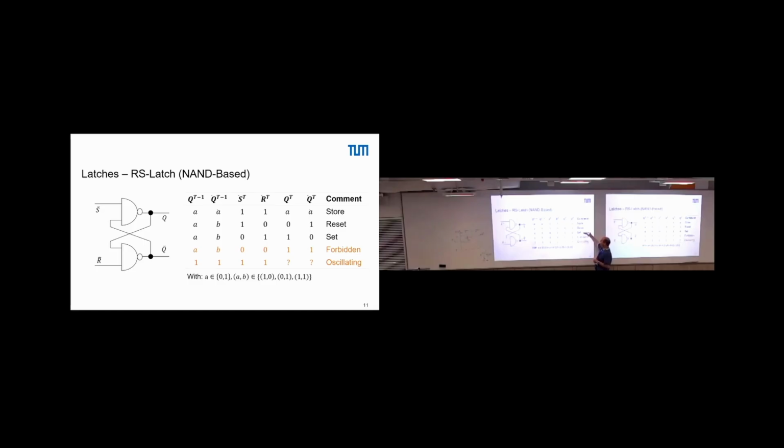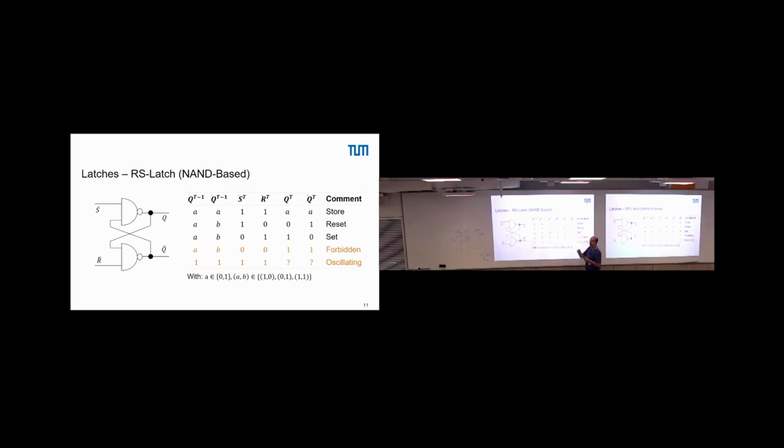Why is this different from the set state here? Or effectively, why is this the reset state? Well, we have here set inverse, reset inverse. So if we have the set inverse at 1 and the reset inverse at 0, then obviously set is 0, reset is 1, and that's a reset state. So, good.